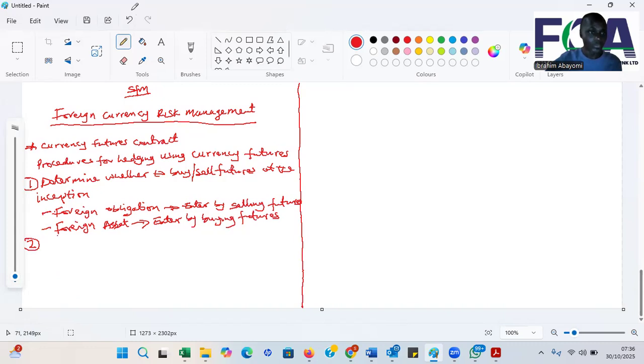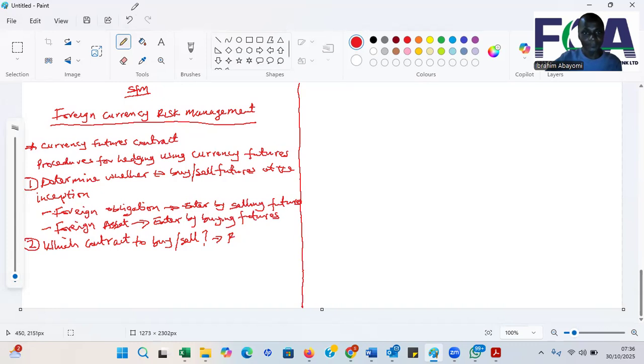Number two, when I say you should determine which contract to buy or sell, what's the determining factor for this?